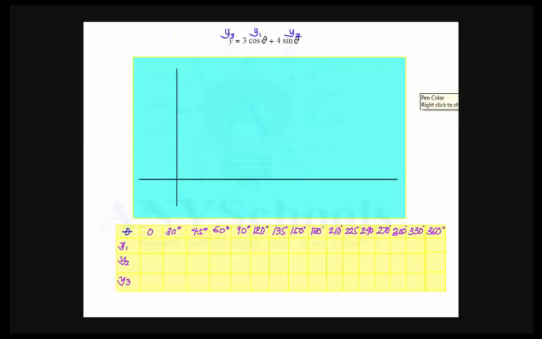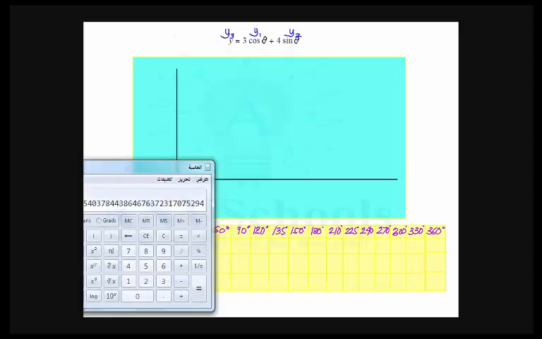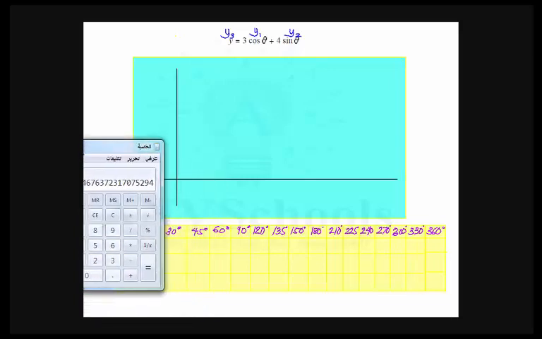Okay, and after that, we have to find the values. 3 cosine of 0, that would be 3, right? Because cosine of 0 is 1. And 4 sine 0 would be 0. So 3 cosine 30, that's 3 square root of 3 over 2.